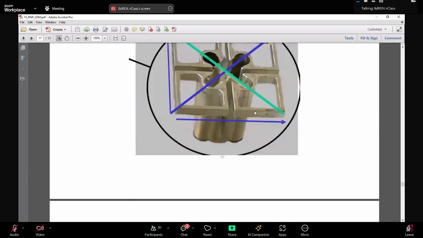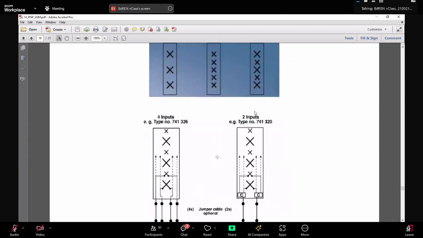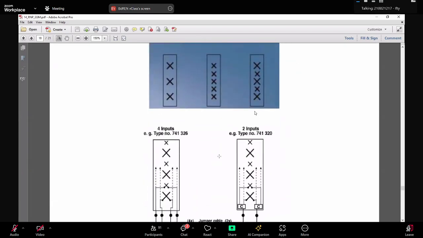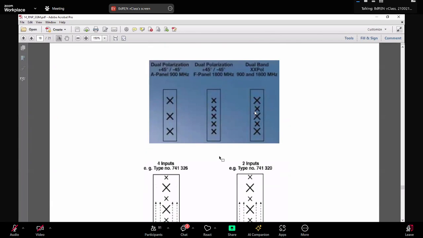So like here, it can probably be better explained. If you look at the left casing, you have three leftwards tilted forming one array, and three rightwards tilted forming another array. So we have polarization diversity using two antennas.